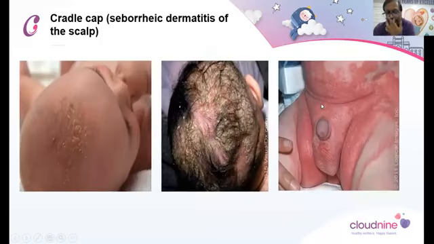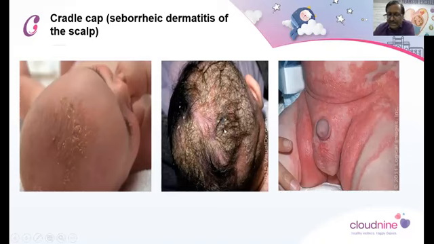Now let's see another common problem called cradle cap. Everybody sees it in daily practice. This is the mild version. This is maybe the severe version. And I just want you to remember that seborrheic dermatitis can present like a diaper dermatitis, like this. So normally, what is the treatment? All these greasy scales you can remove.